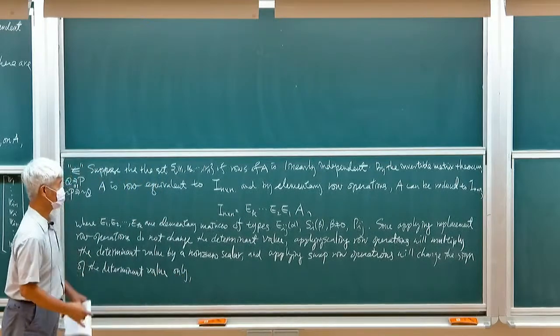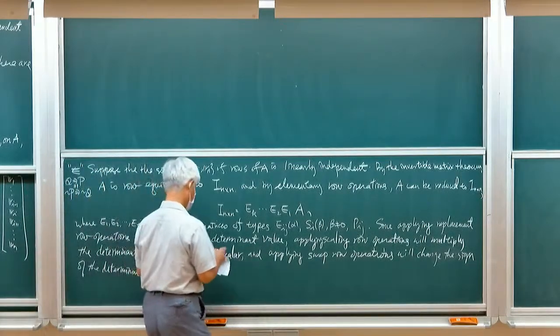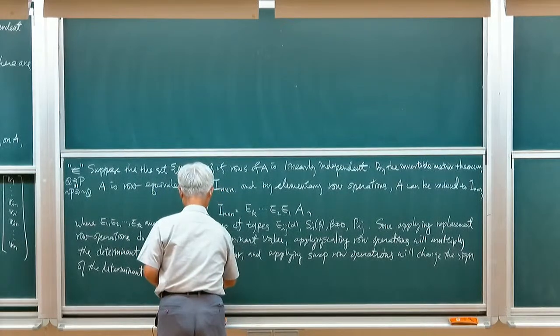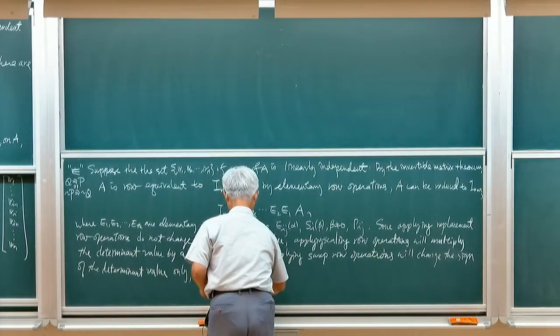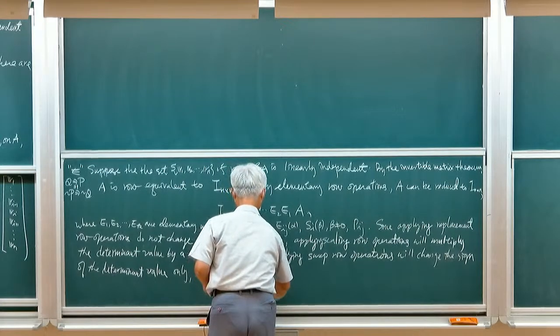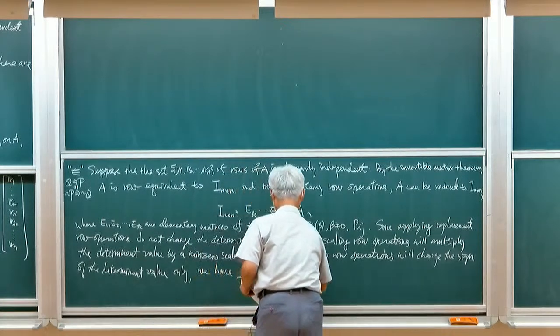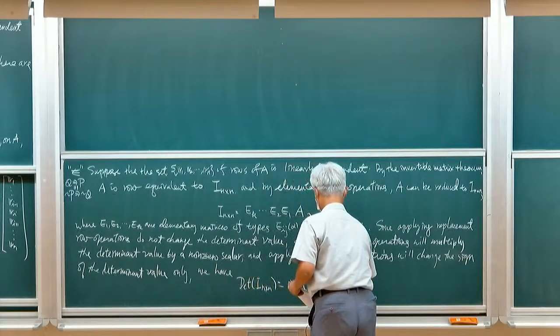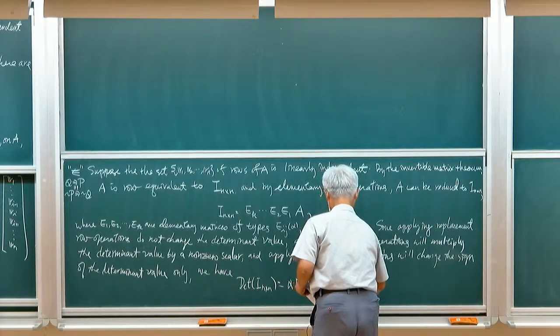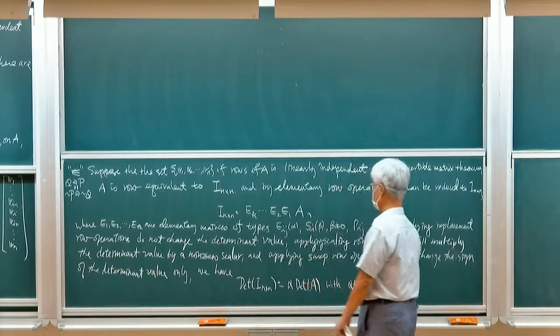Okay, so we have the determinant of identity is equal to alpha times the determinant of A, with alpha not equal to 0.